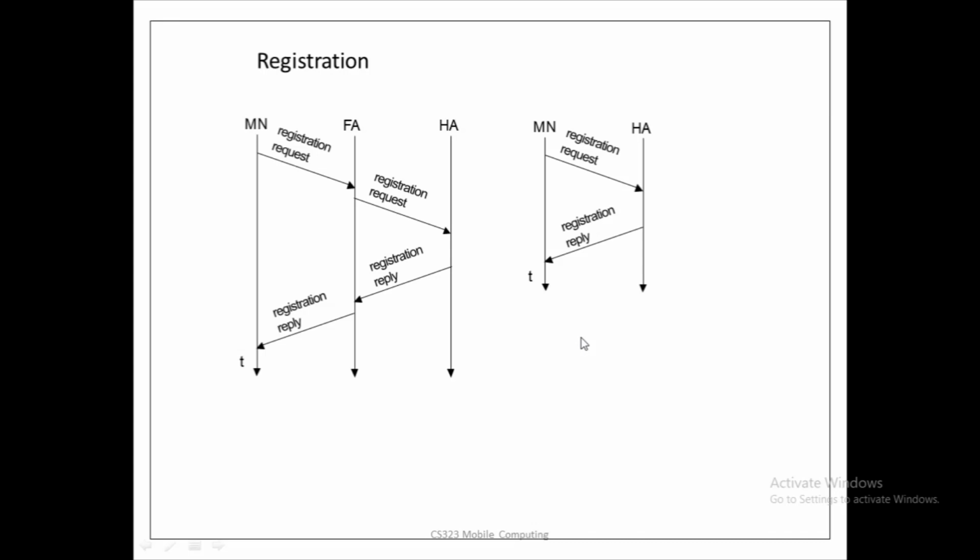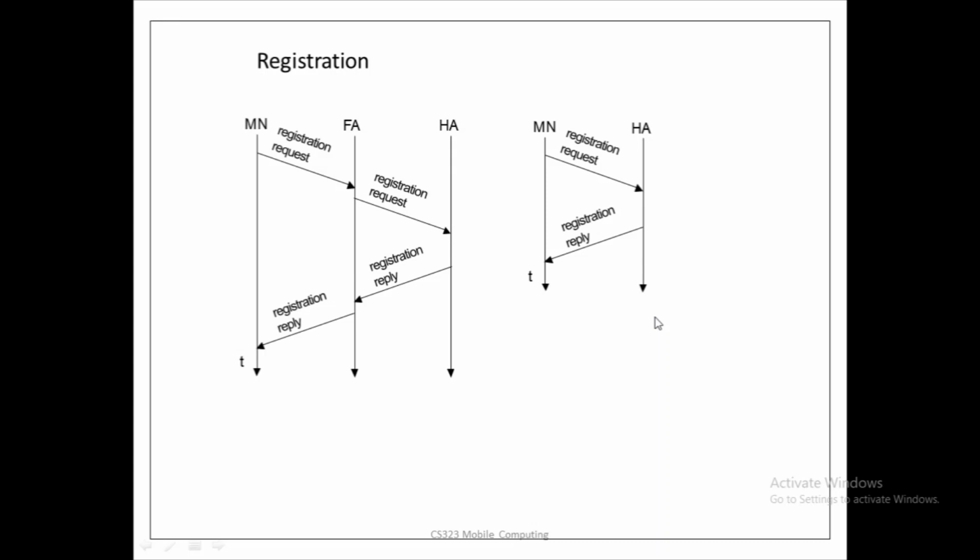If the COA, or care of address, is co-located, the registration can be simpler. As shown in this figure, the mobile node may send the request directly to the home agent and vice versa. This is also the registration process for the mobile node returning to their home network, where they also register directly with the home agent.